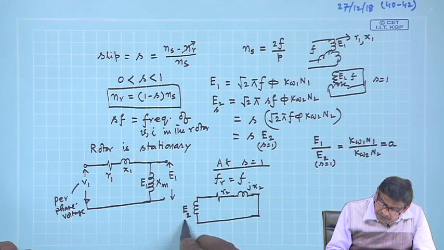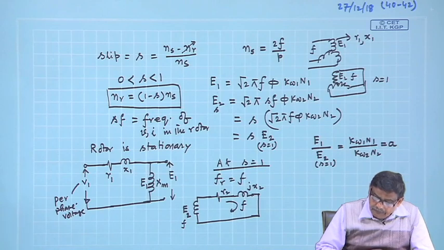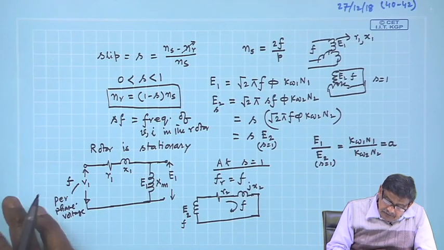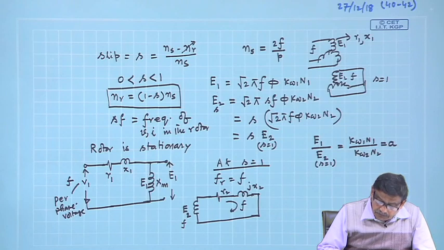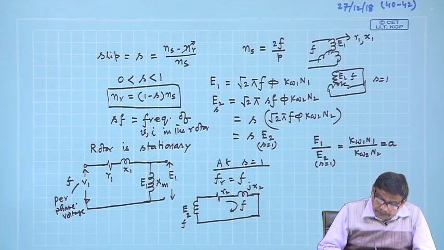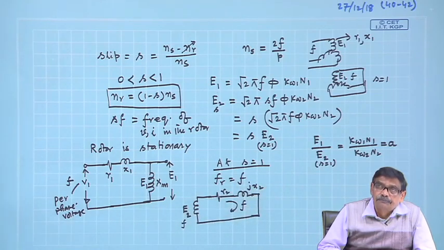The frequency of E2 is f, and the frequency of any current here is also f. Therefore, it is just like a transformer. The supply voltage is of frequency f. After subtracting the small drops in R1 and X1, whatever voltage is available appears across the magnetizing reactance and so on, and this is R2 X2.